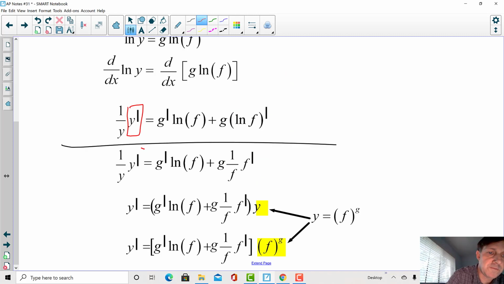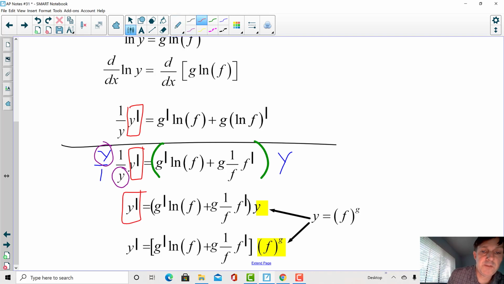Again, we're trying to solve for y prime, so we've got to get rid of this 1 over y. We can get rid of it if we multiply both sides by y over 1. On the right side, you have to put these parentheses because we're multiplying everything by y over 1. You can see on the left side, this y on top cancels with this y on the bottom, and you just get y prime. A lot of people stop here and they think they're done.